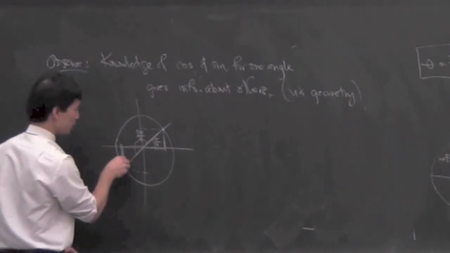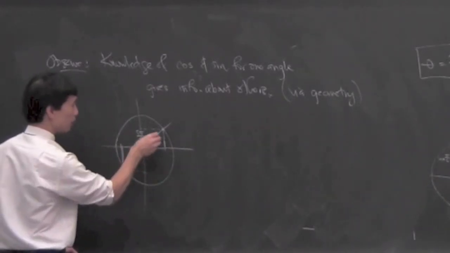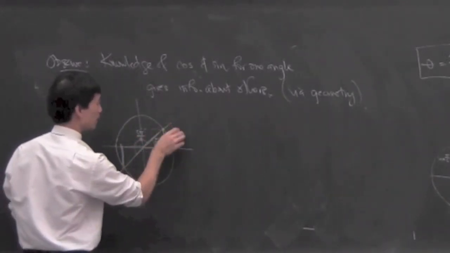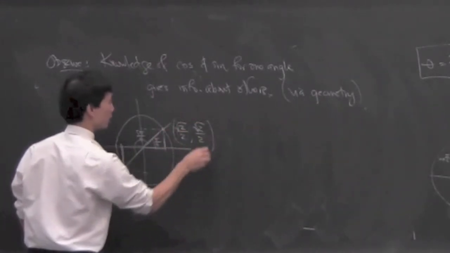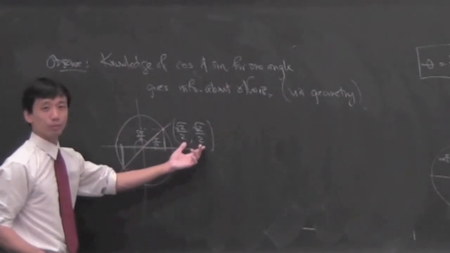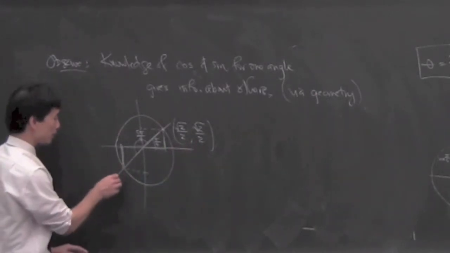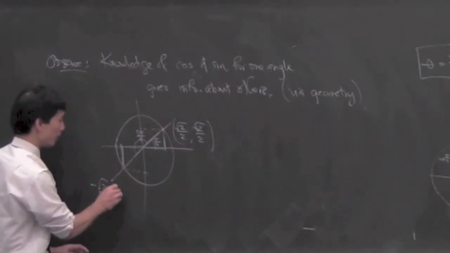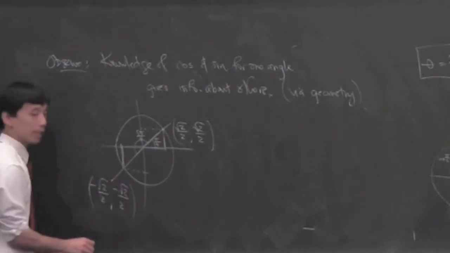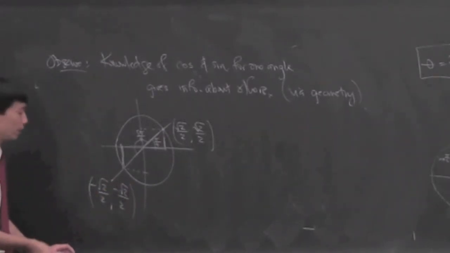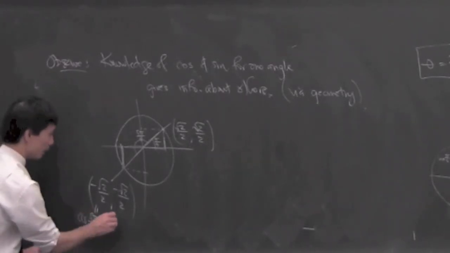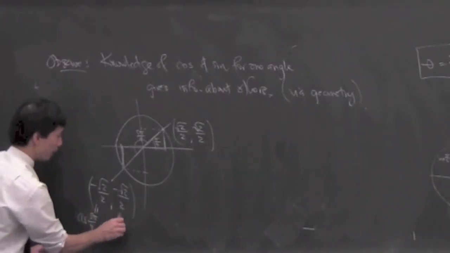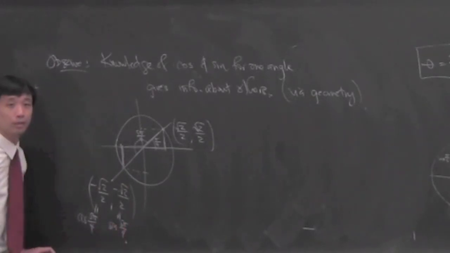So you know that this guy's cosine and sine were root 2 over 2, and so this guy's going to be negative root 2 over 2, negative root 2 over 2. And so this is the cosine of 5 pi over 4. This is the sine of 5 pi over 4.